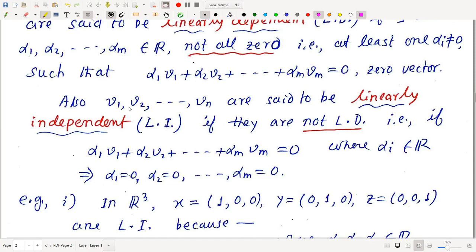Also, for the vectors v1, v2, ..., vm, here better we write m, because in n-dimensional space the number of vectors may be any number. m is arbitrary here, not necessarily n vectors. Also, v1, v2, ..., vm are said to be linearly independent, in short we shall write LI, if they are not LD.